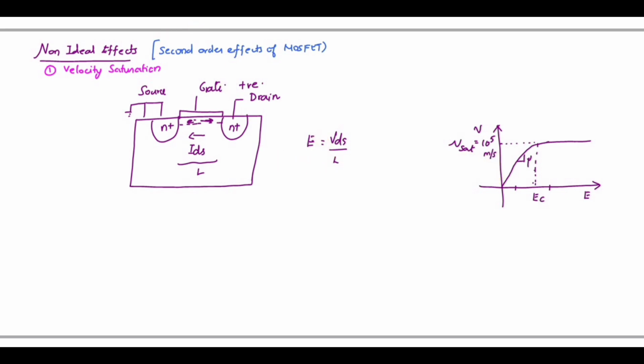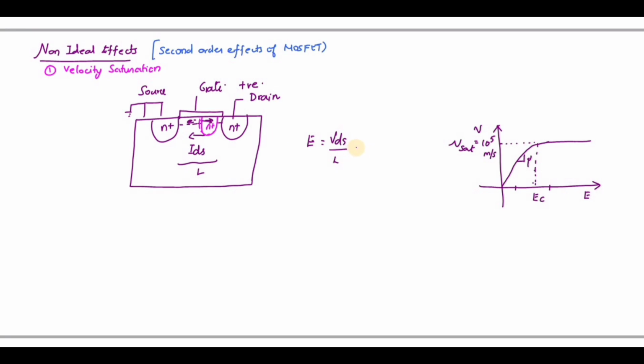So what will happen if I shrink this length of the MOSFET? It will attain saturation even before the previous one.